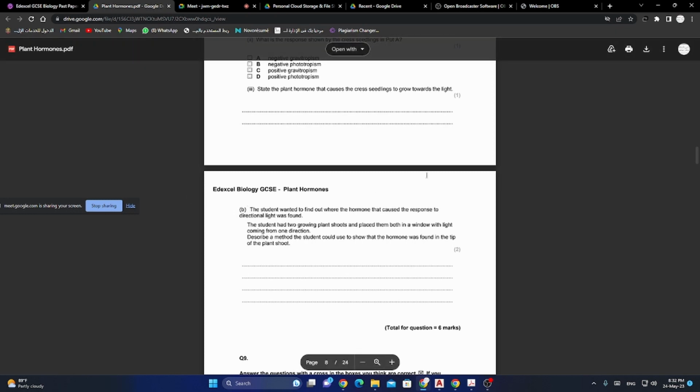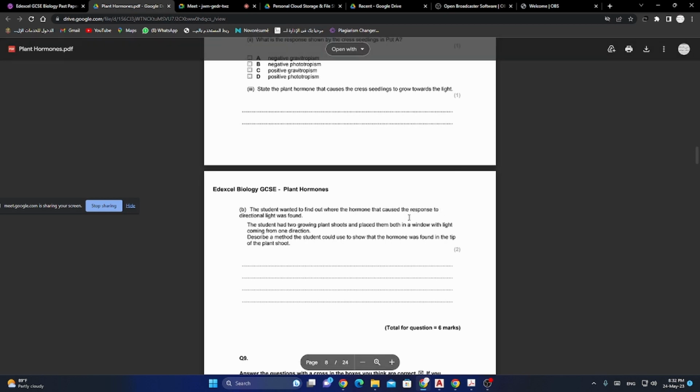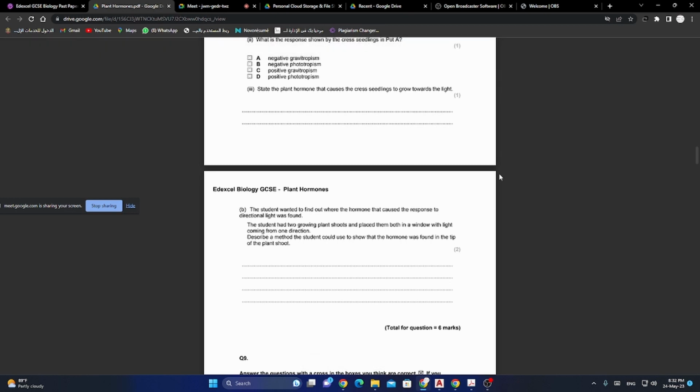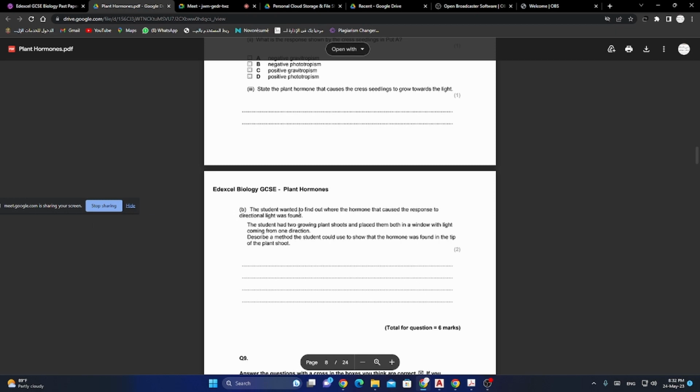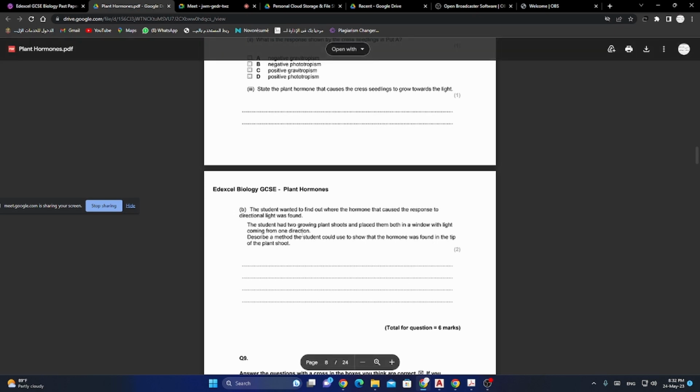The student wanted to find out the hormone that caused the response to the direction of light. The student had 2 growing plant shoots and placed them both in a window with light coming from one side. Describe a method the student could use to show that the hormone was found in the tip of the plant shoot.